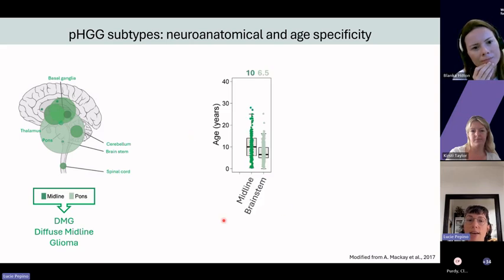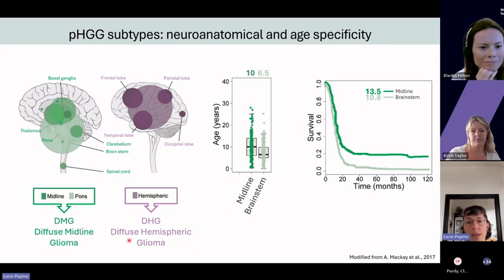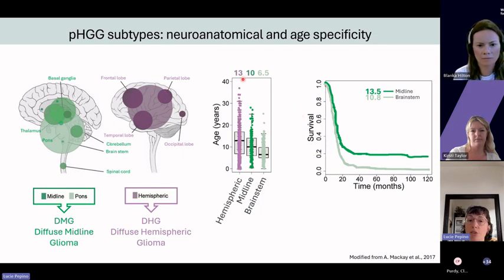It has an age of diagnosis between 6 and a half and 10 years old, and survival post-diagnosis is between 10 and 13 and a half months. While DHG, the hemispheric glioma, is confined to the cerebral hemisphere with a median age of diagnosis of 13 years old and a median survival post-diagnosis of 18 months.